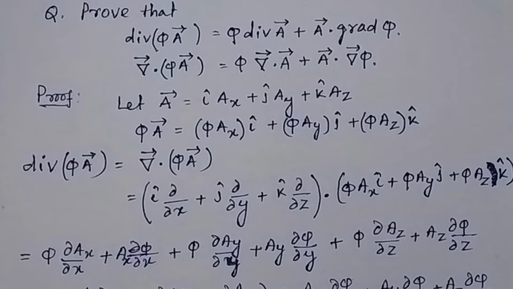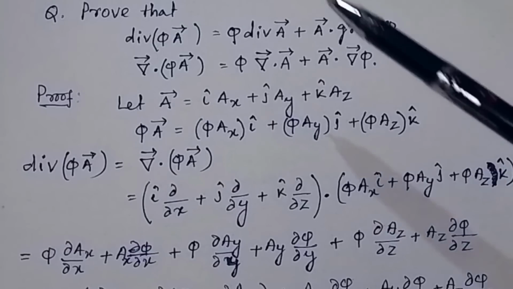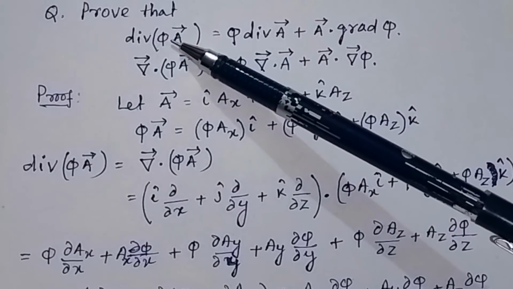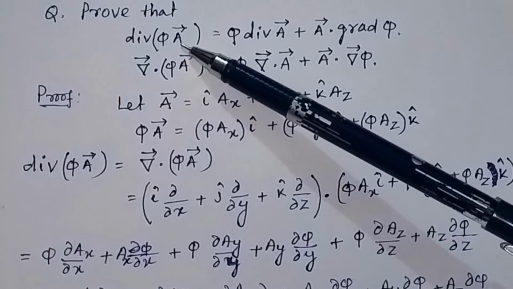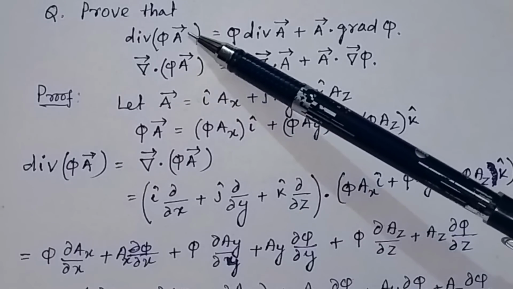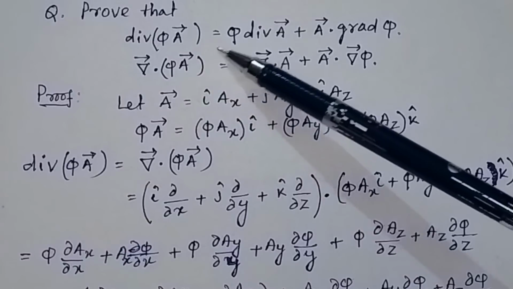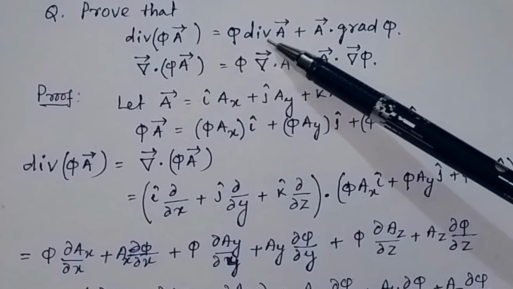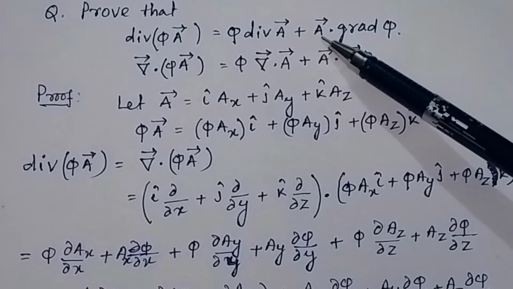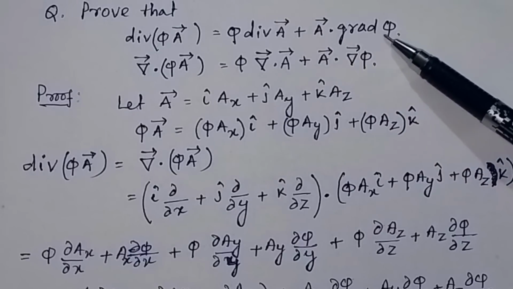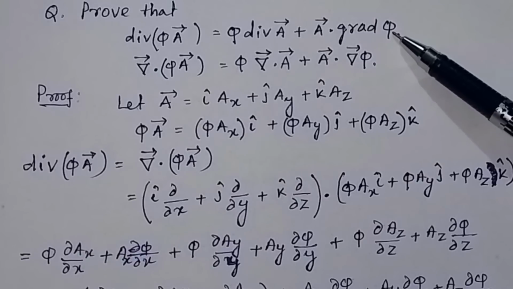Prove that, where phi is a scalar function or scalar field and A is a vector function or vector field, divergence of phi A is equal to phi into divergence of A plus dot product of A and gradient of the scalar function phi.